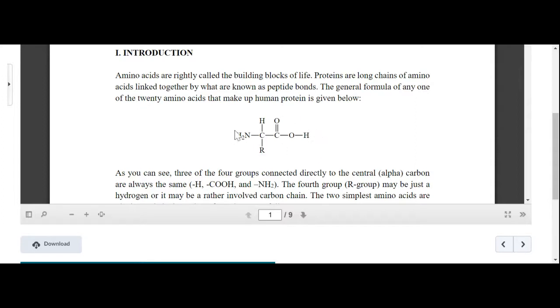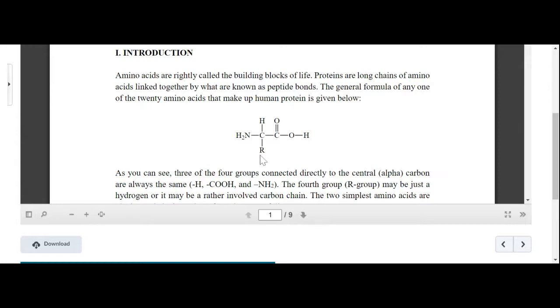You have an NH2 that is the amino group, and also a hydrogen. These three groups attach to the same carbon. It's common among all amino acids.